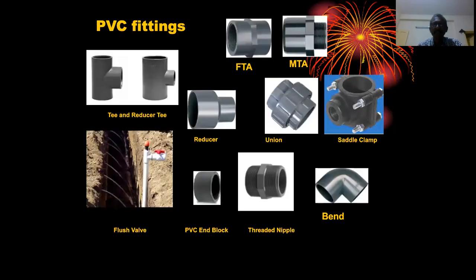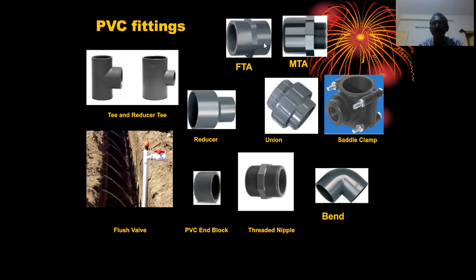These are some of the PVC fittings commonly used in drip irrigation. This is called female thread adapter, FTA, and this is called male thread adapter.